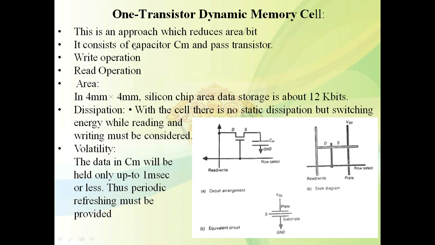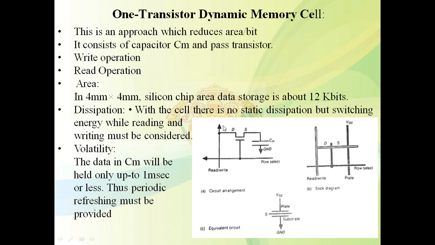Okay, it consists of a capacitor Cm and a pass transistor. This is capacitor Cm and only one pass transistor. What is the write operation? To do the write operation, we have to make the row select line equal to high.